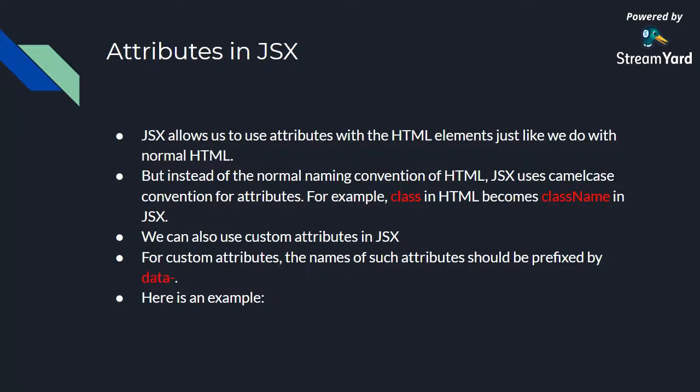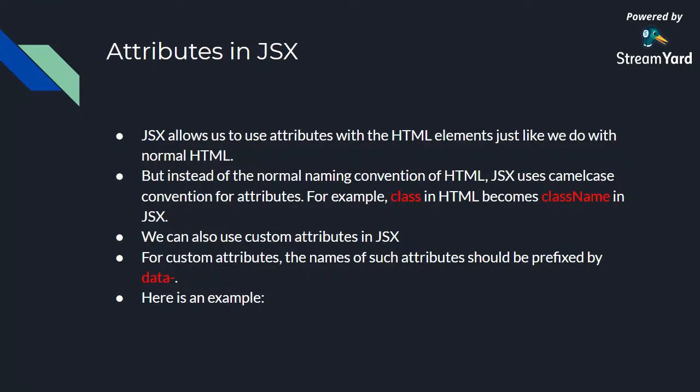In HTML we use class, for example, but we can't use that attribute. If we want to give a class to an HTML element in JSX, we cannot use the class keyword because the class keyword belongs solely to JavaScript.